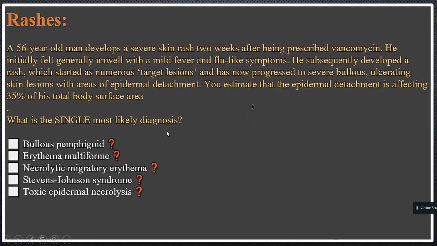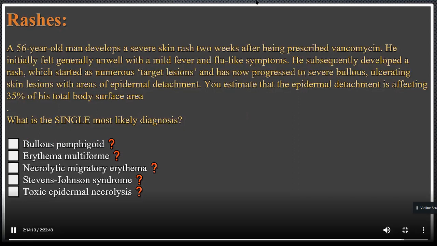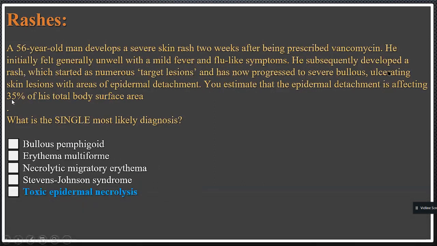Single most likely diagnosis. 35%. Option E, toxic epidermal necrolysis. More than 30%, because of the rate here. So if early stage, it will be erythema multiforme. If late stage, you have to check the body surface area percentage.